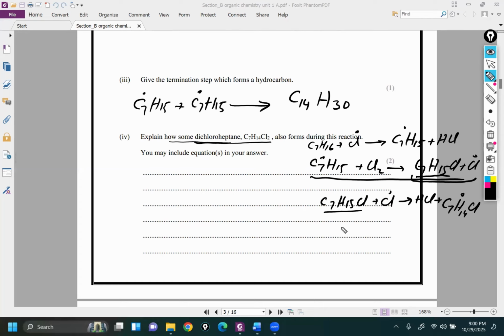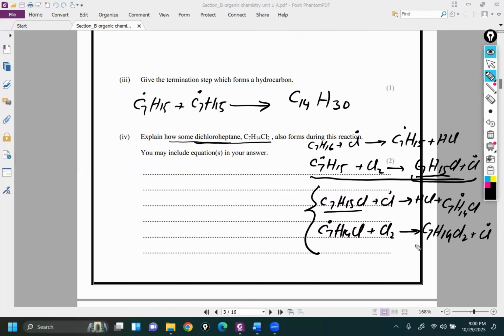This C7H14Cl free radical will react now with neutral chlorine, molecular chlorine. It will snatch one chlorine from here to give a stable product. So C7H14Cl2 plus Cl dot. So these two equations are the answer for this question.